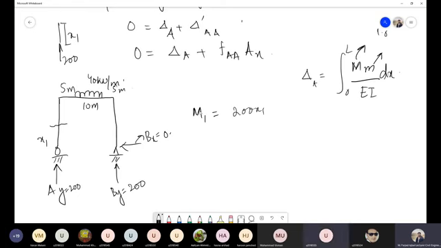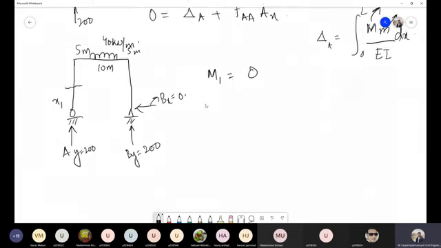Sir, moment acts perpendicular, and the 200 is acting exactly along its line. Yes, exactly. So what will be the equation? Sir, can I say that it will be zero? It is zero. So it is 0. Yes. So for section 1, our equation of movement is 0.